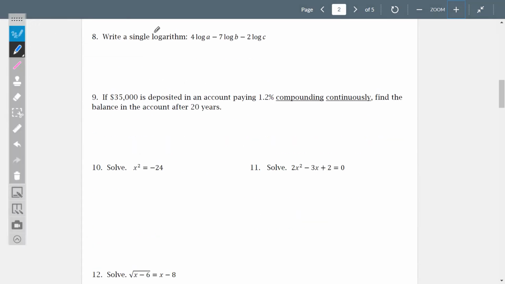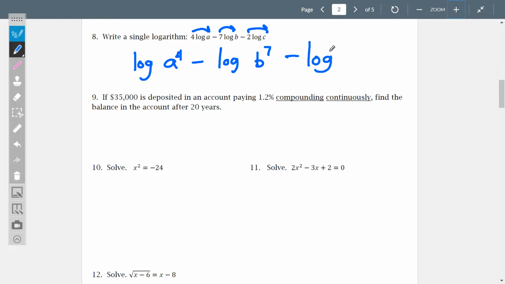All right, number 8, write as a single logarithm, which means condensing it. So first we have to use the power property, put all of these back inside as a power. So this is common log of a to the 4th minus common log of b to the 7th minus common log of c squared. Now we can combine them into a single log.